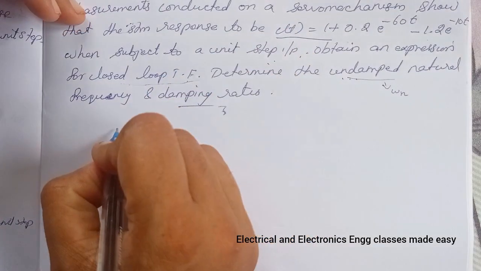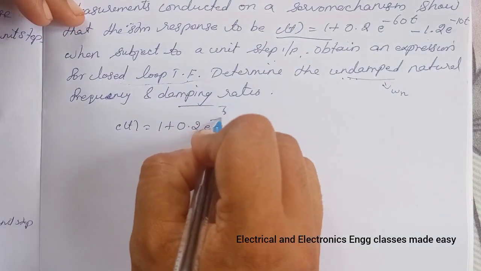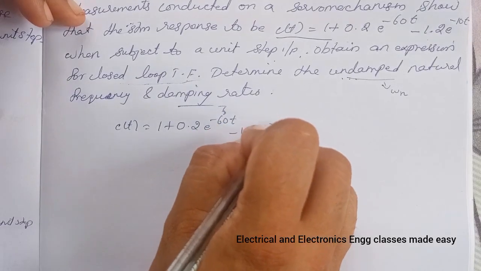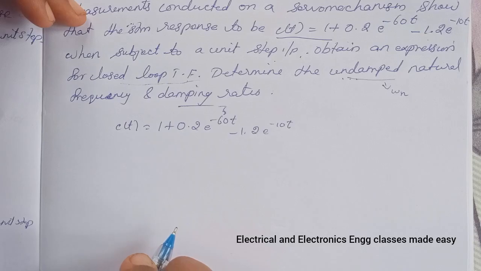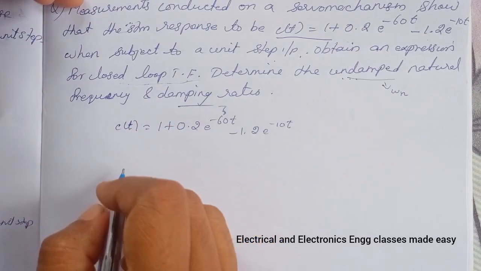So here C of t is given as 1 plus 0.2 e raised to minus 60t minus 1.2 e raised to minus 10t. So here we have to take the Laplace transform.